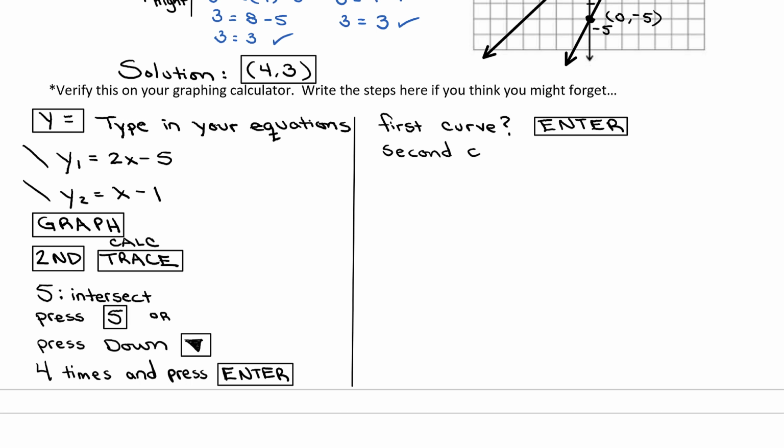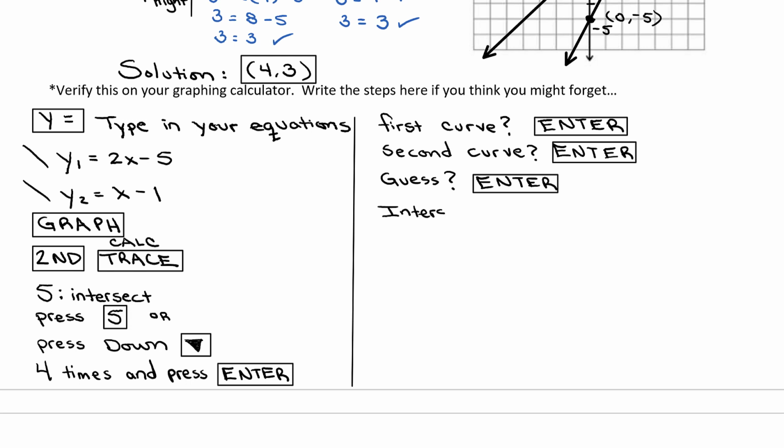When it says guess with a question mark, you press enter one more time. So a quick way to get through this is to press enter 3 times. After you do that, it should provide you with the solution.